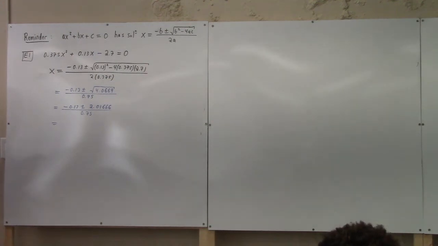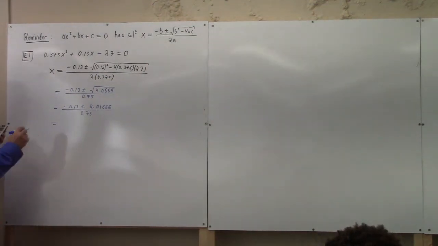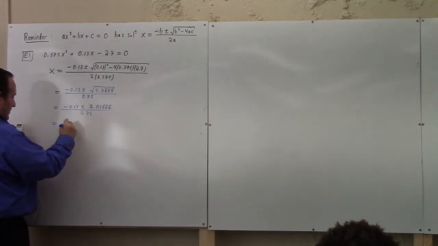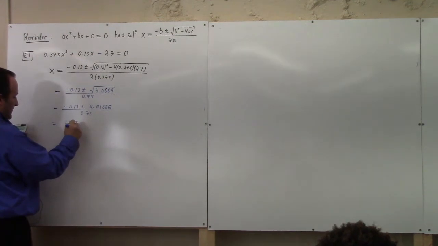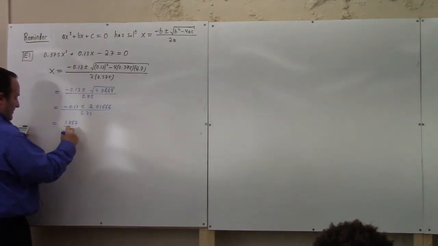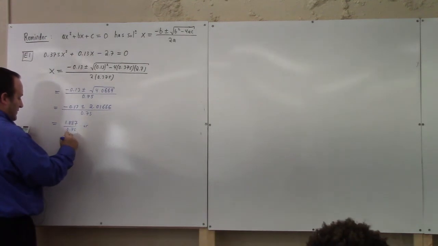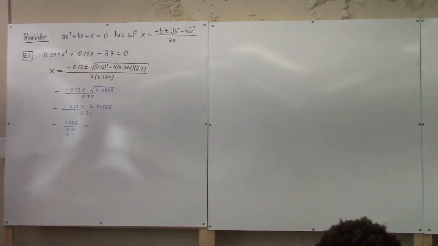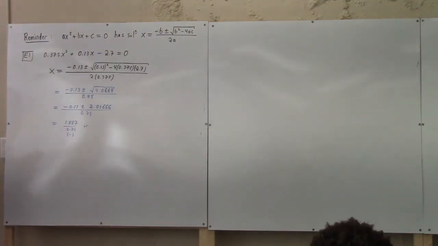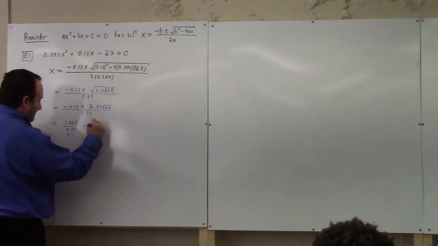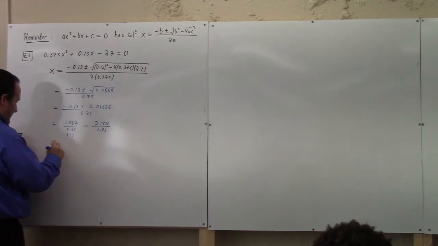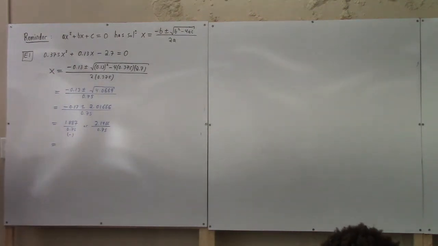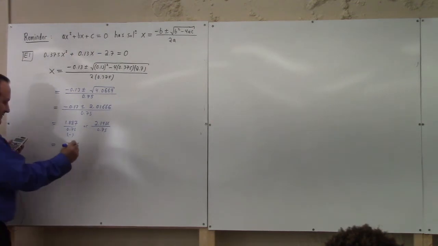That minus 0.13 gives me, let's say, 1.8887. I'll just keep 4 digits here. Divided by 0.75, that's from the minus. From the plus, I get 2.1466 divided by 0.75. To complete the calculation, divide that by 0.75. I get 2.86 for the plus one.